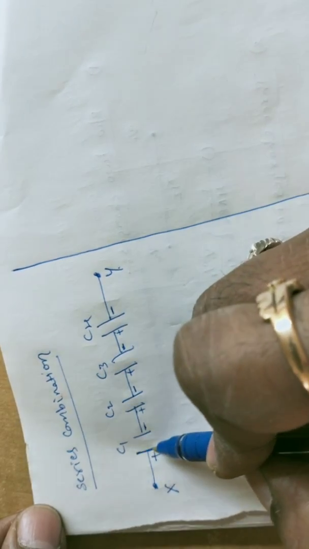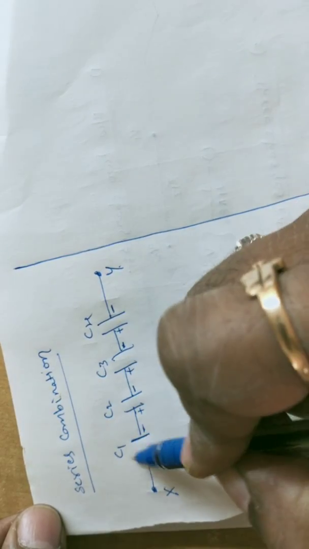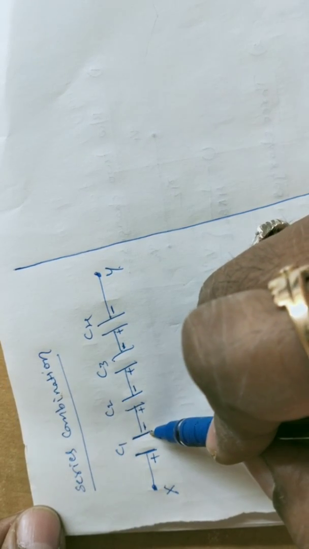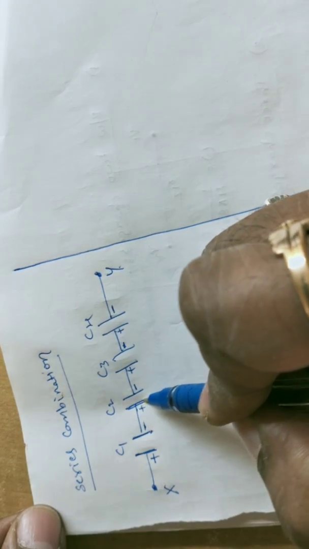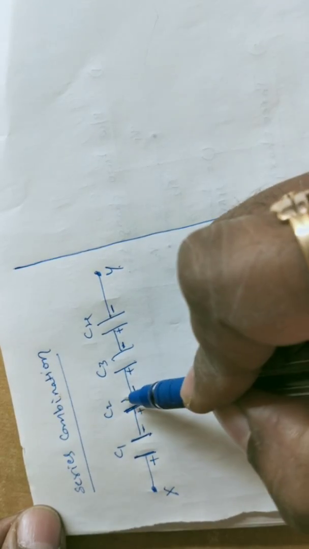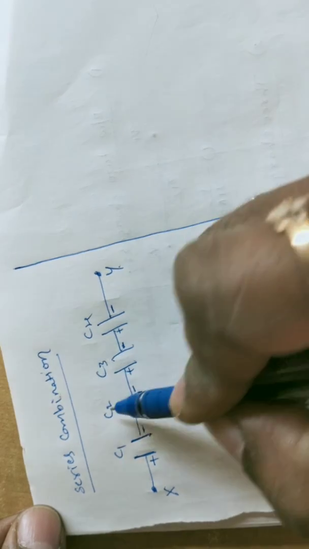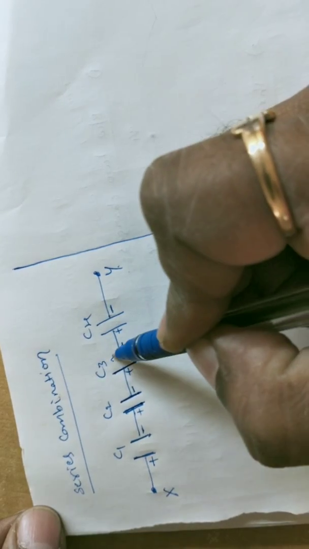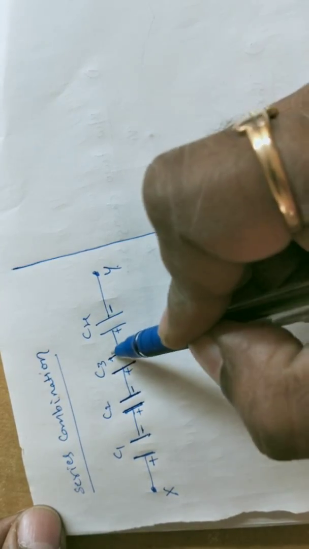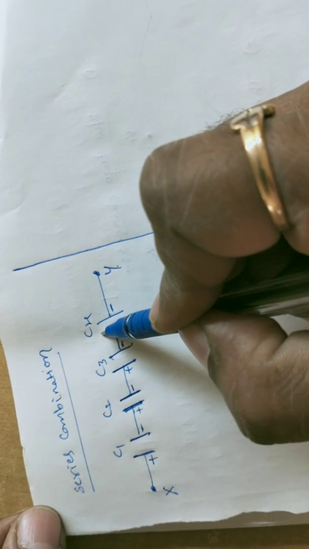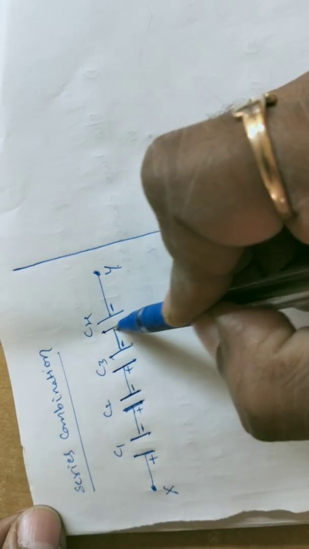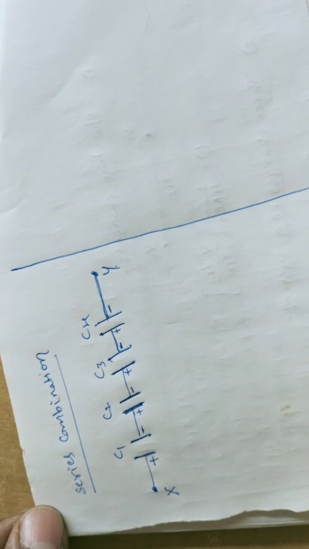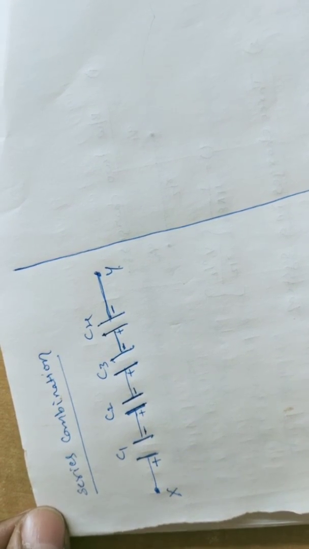See friends, this is the first capacitor. In this first capacitor, this is the second plate. This second plate is connected to the first plate of the second capacitor, and the second plate of the second capacitor is connected to the first plate of the third capacitor. Then in the third capacitor, the second plate is connected to the fourth capacitor's first plate. This type of combination we call a series combination.